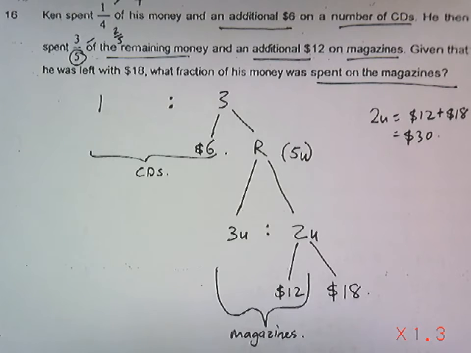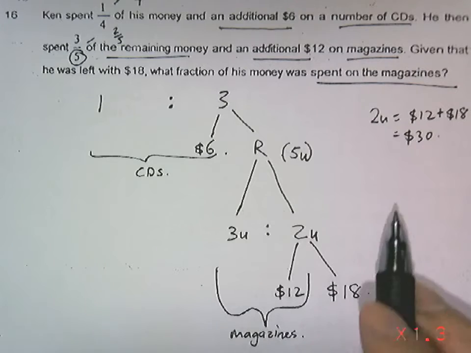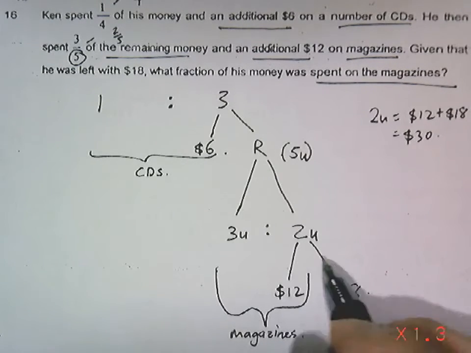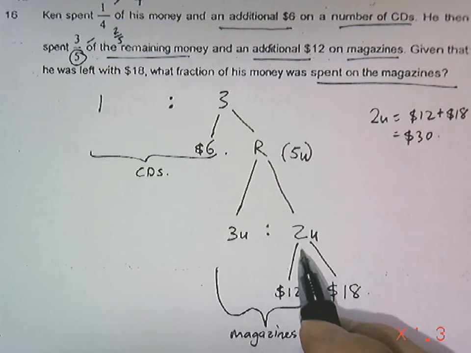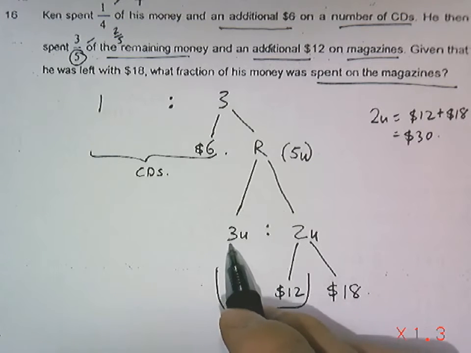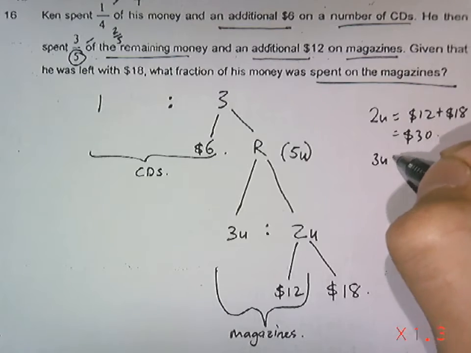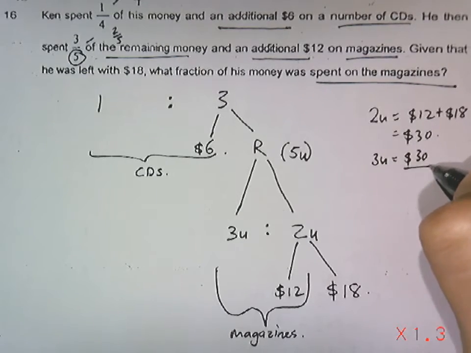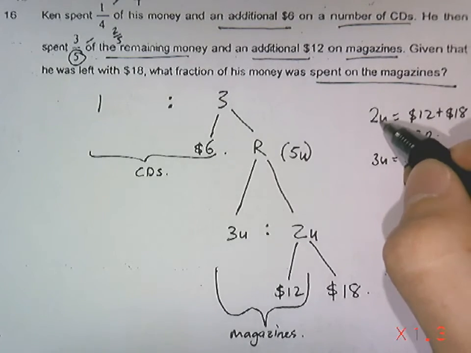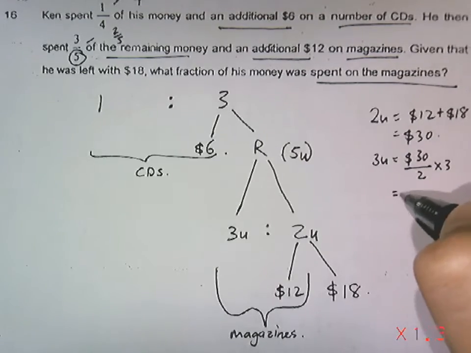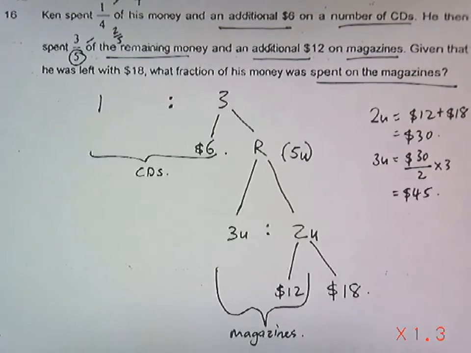So 2 units is just these two portions here. $12 plus $18, that gives me $30. I'm going to straight away find the 3 units first, then the 5 units here. So 3 units, divide $30 by the 2 units first, then multiply by 3, $45.